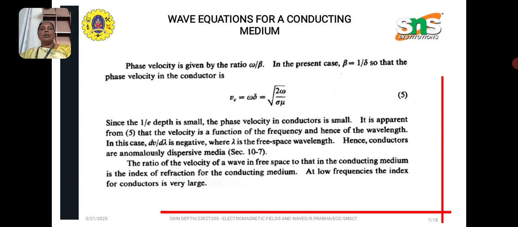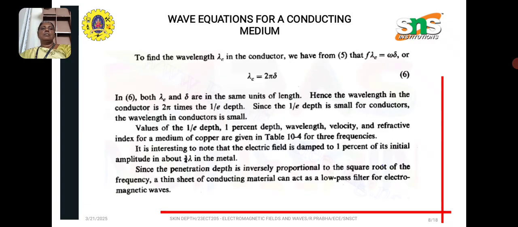Since this 1 by e depth is small, the phase velocity in the conductor is also small, and the ratio of velocity of a wave in free space to that in the conducting medium is the index of refraction for the conducting medium. And we observe that at lower frequencies the index for a conductor is very large, and the wavelength lambda c for a conductor is given by 2 pi del, where this lambda c and del are in the same unit of length.